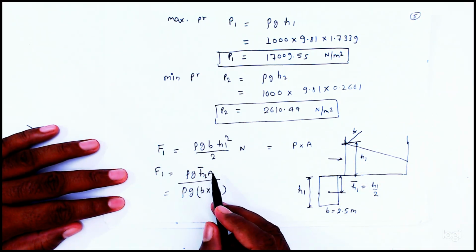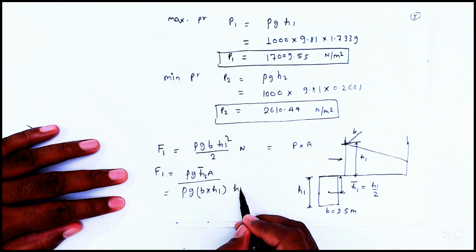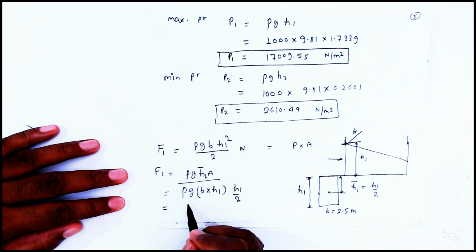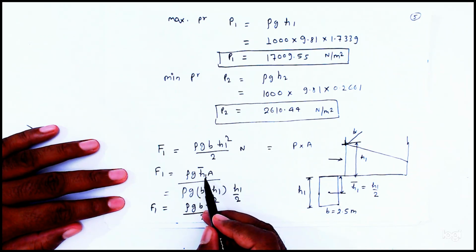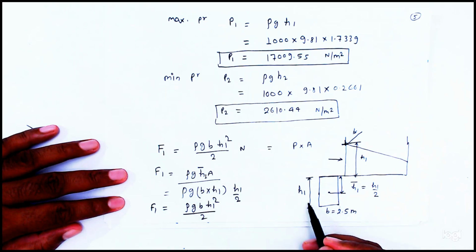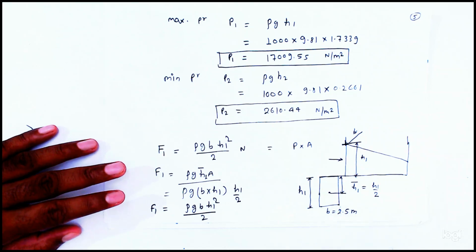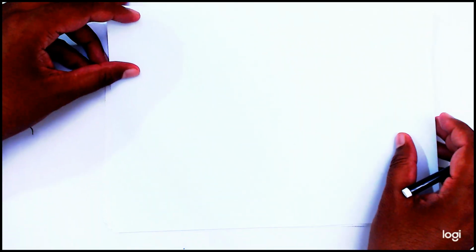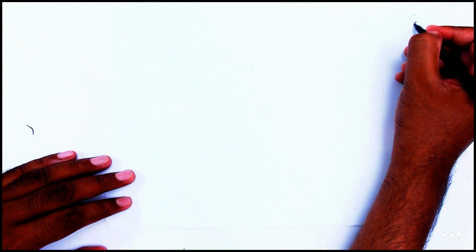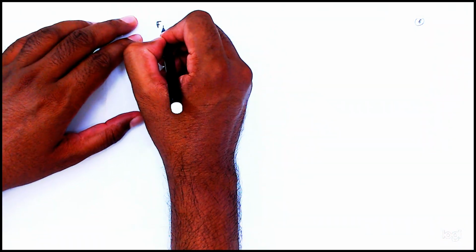So from here it will come rho g b h1 square by 2. Getting, friends? Either you remember this formula, or use rho g a h1 bar, where h1 bar is this height. Okay. Now force F1 is equal to, already calculated.